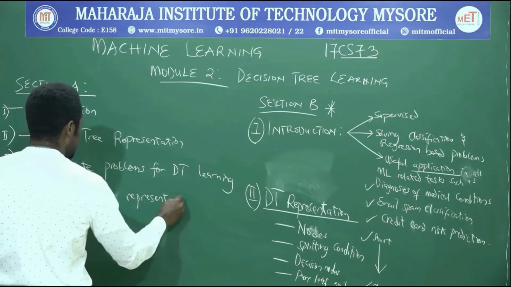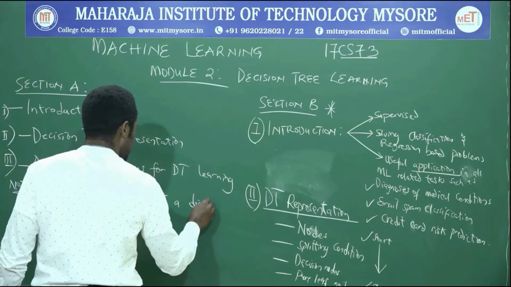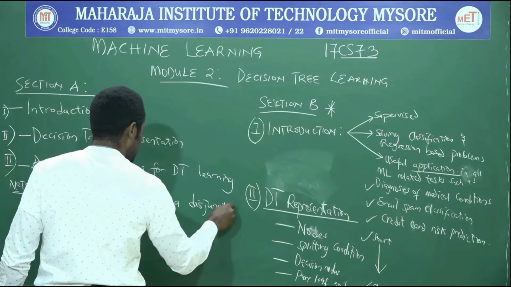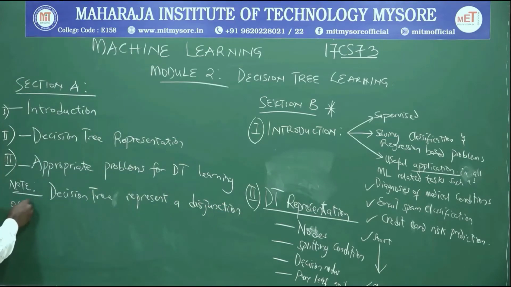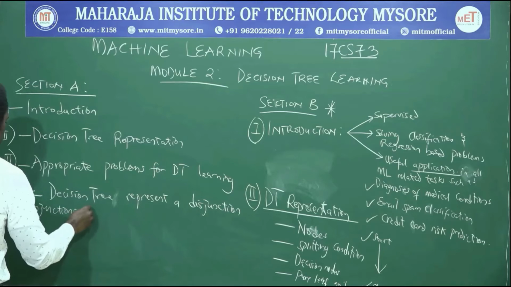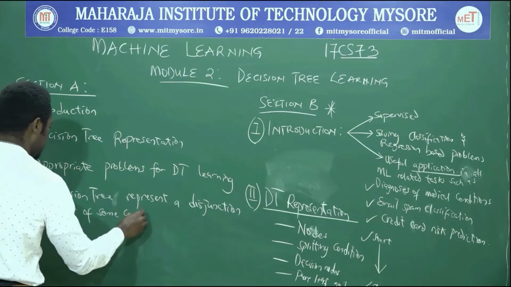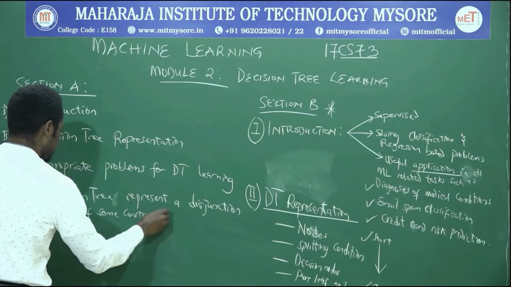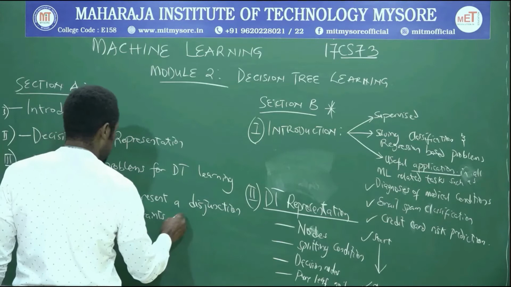Decision trees represent a disjunction of conjunctions of some constraints on attribute values of instances.